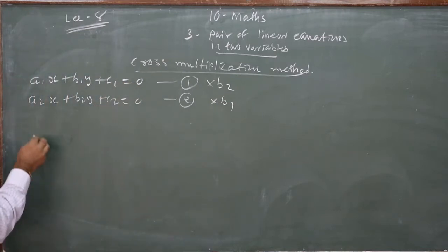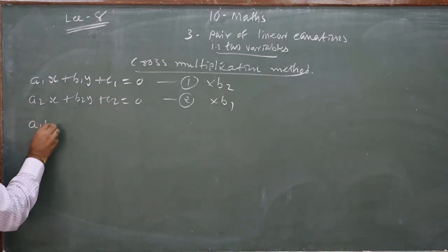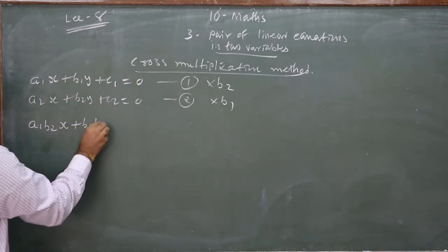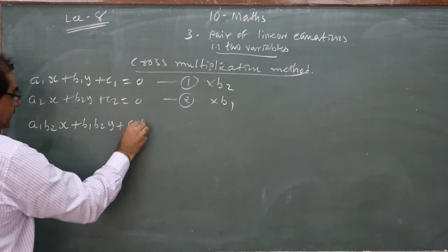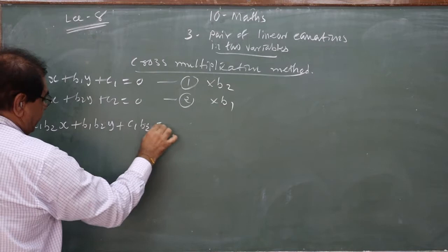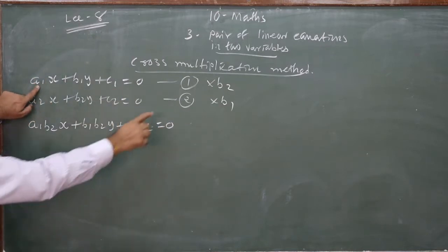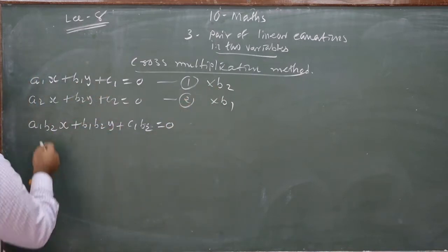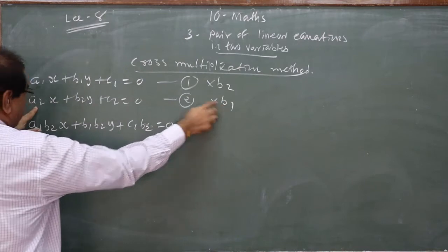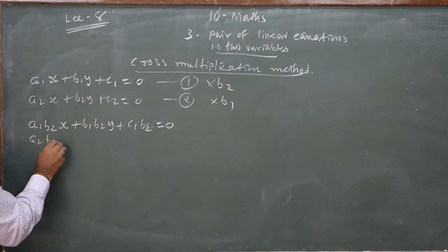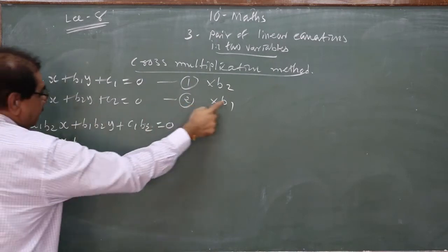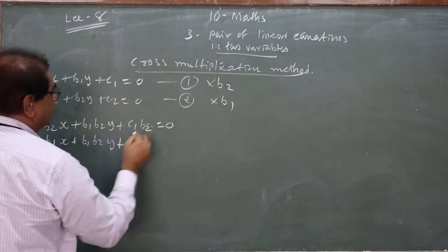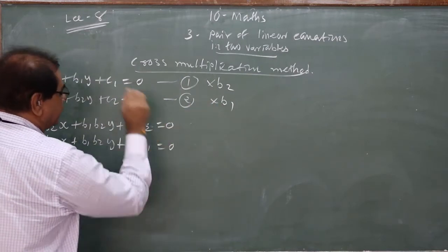So what will be the equations now? a1 b2x plus b1 b2y plus c1 b2 is equal to 0. Second one, a2 b1x plus b1 b2y plus c2 b1 is equal to 0.